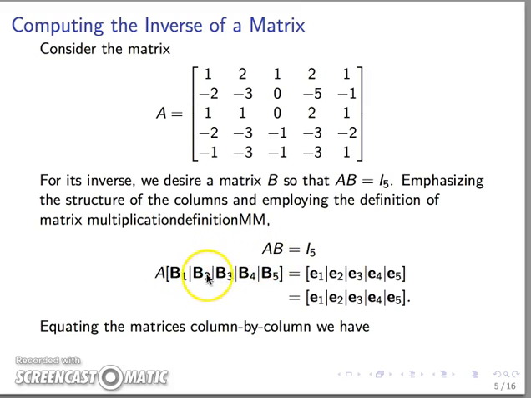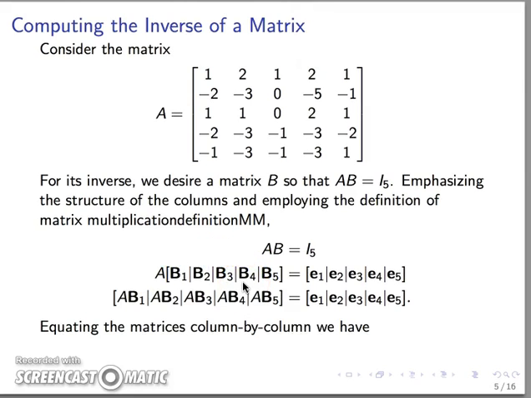So B in column partitioning, assuming that B has columns B1, B2, B3, B4, B5, we write B in this form, and then the product A times B is, this is how we learn to multiply matrices. We think of this product as something similar to the distributivity property, right? So A multiplies each of those columns, and the result is that A times B on the left side is a new matrix.